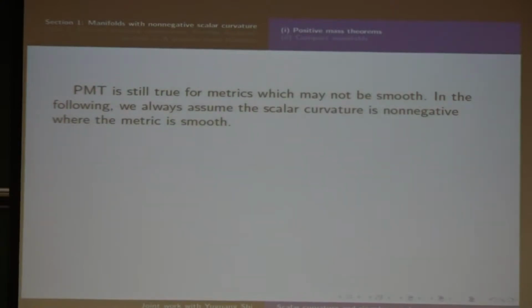For this theorem we just assume the scalar curvature is non-negative. But in some cases, even if the metric is not smooth, we still have this kind of result, that the mass is non-negative.